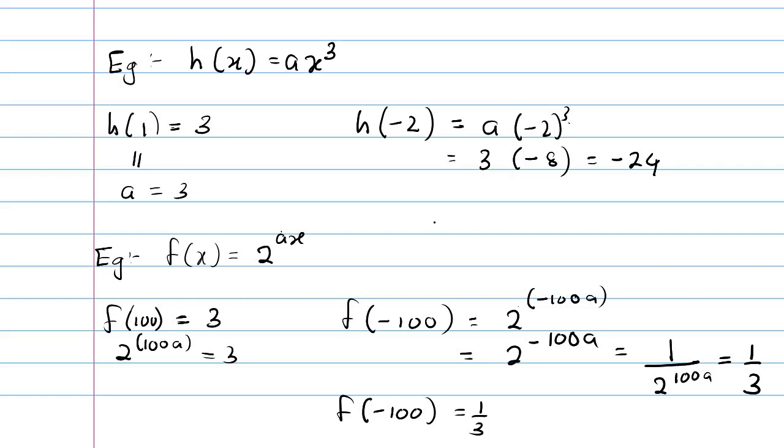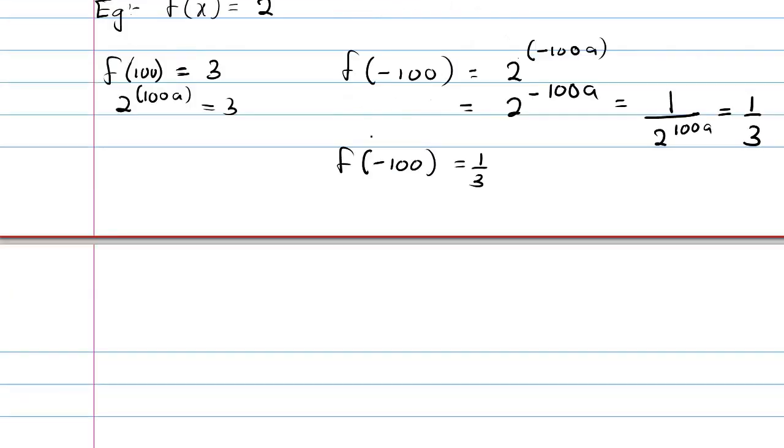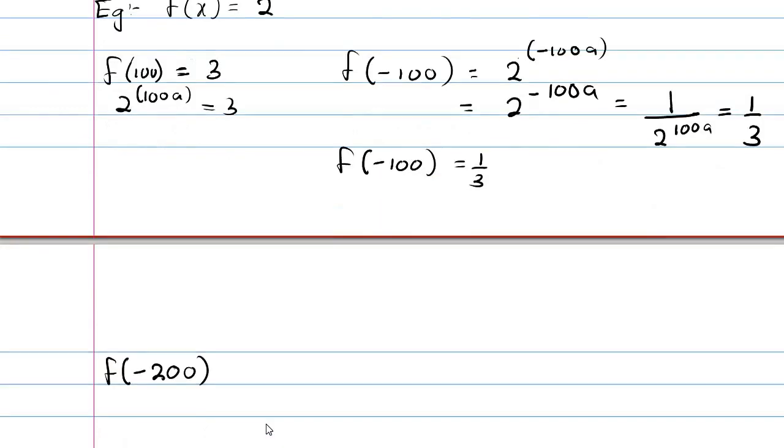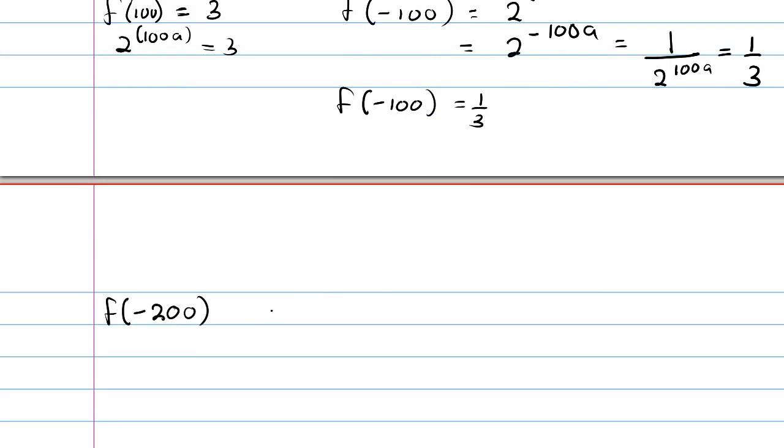Let me add another page. So it's the same question that I'm dealing with here, right? I'll just keep it over here. Let's say they want you to find f of negative 200, right? Okay, so what do you do here? So let's try this.